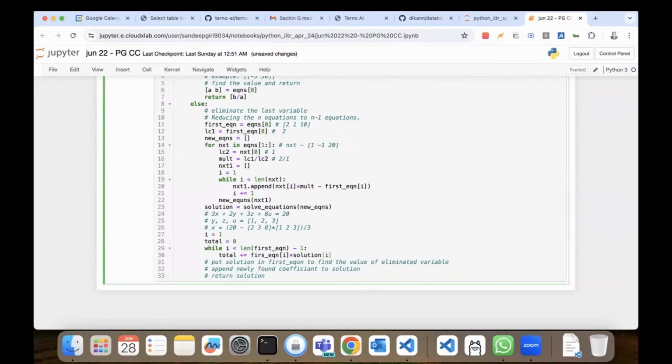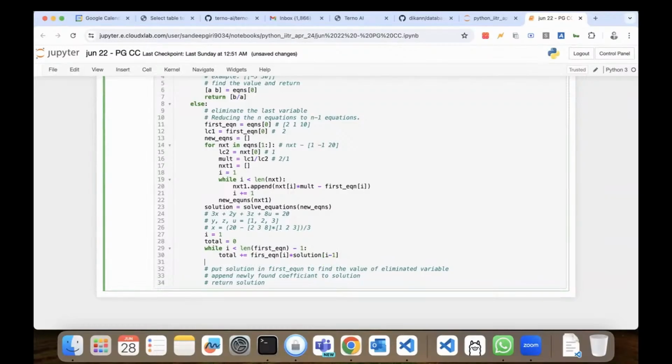Let me think. Because the solution will be like 0, 1, 2, and that'll be from 1 to 3. So I can say I minus 1. And this will compute the total.